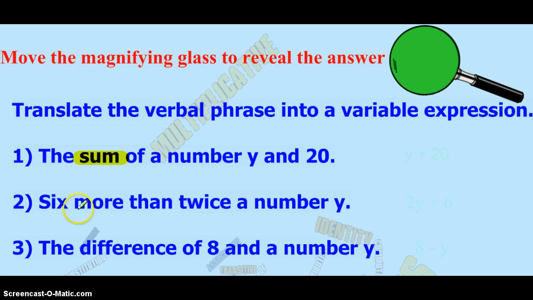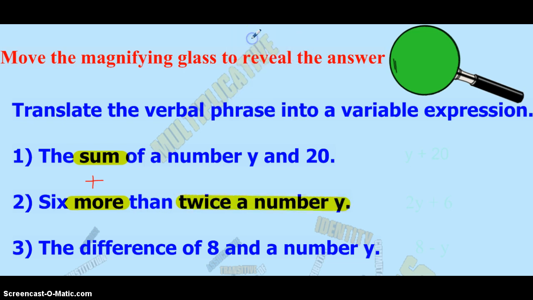This one says 6 more. So hopefully you've clued into the fact that that one is an addition problem. But then let's keep reading, because here's when it gets hard. We're adding 6 to something, but we're adding 6 to twice a number, which is y.